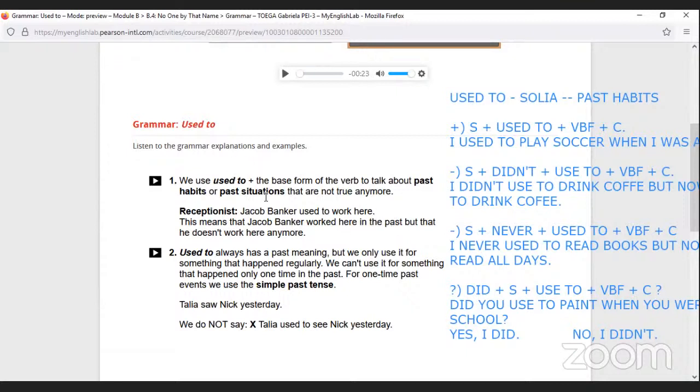That in the past he worked there, but at this time he doesn't work here anymore, okay? Use to, we are going to use always, first, always in base form, okay? Here we have an example, but it is only simple past. Talia saw Nick yesterday. This is simple past. This is not used to.